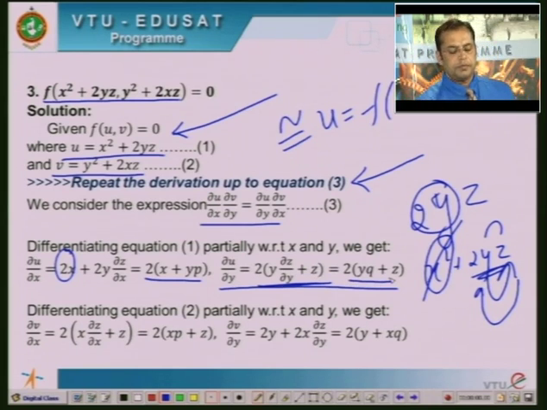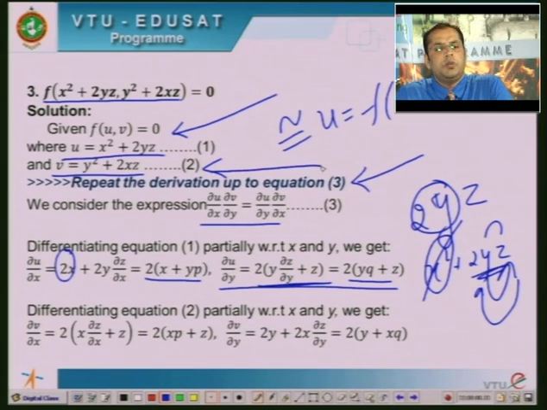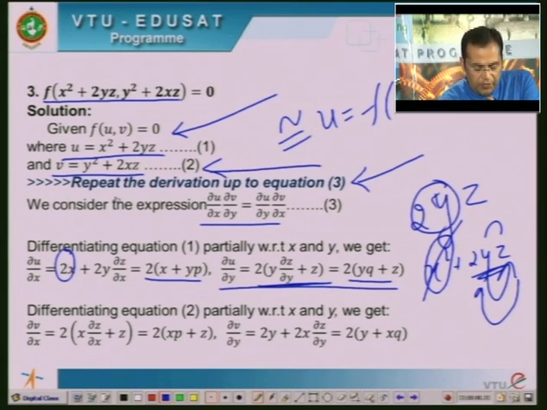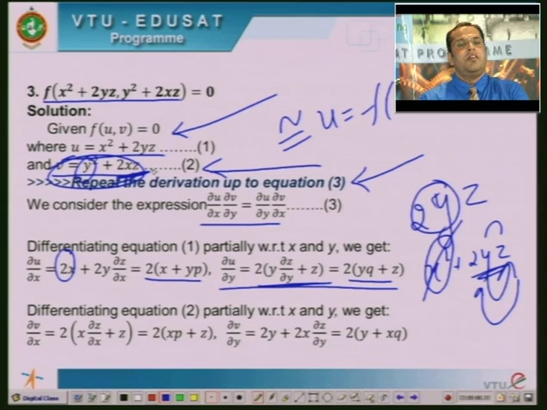Similarly, go to the expression for v in equation 2 and differentiate partially with respect to x and y. Now, as in the previous case, when you differentiate v with respect to x, y is a constant which is 0. You are left with only the expression 2xz, for which you need to apply the product rule.